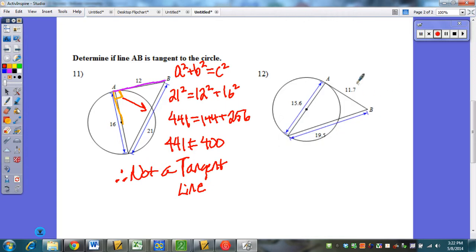Alright, so with this one right here, same rule applies. If this line right here, AB, is going to be a tangent line, then this line right here has to be perpendicular.